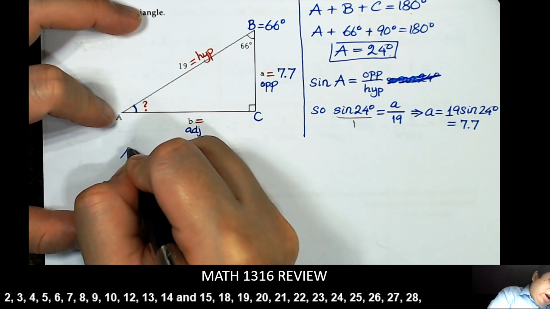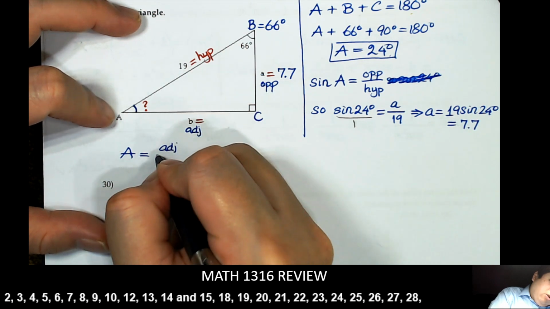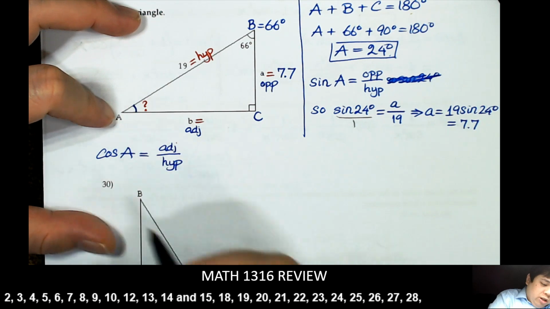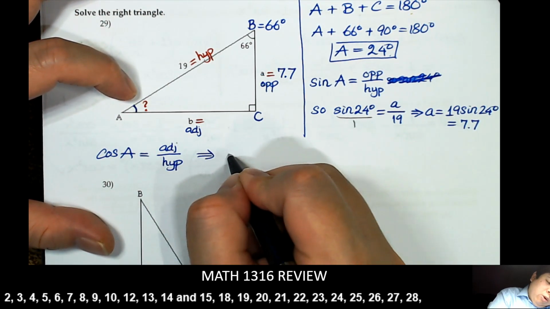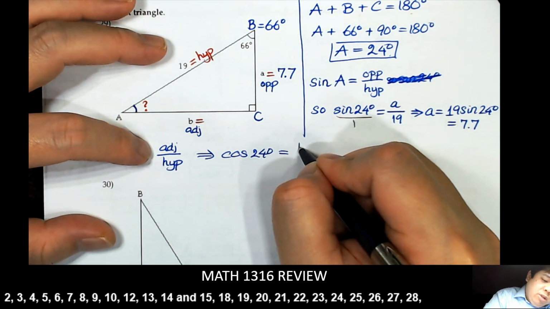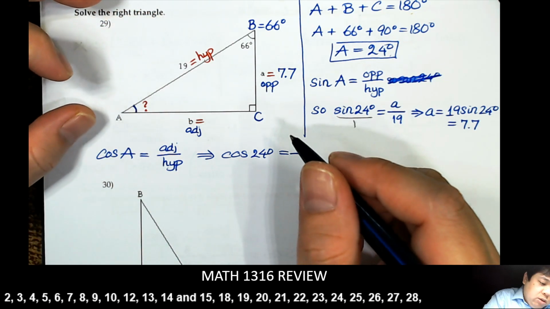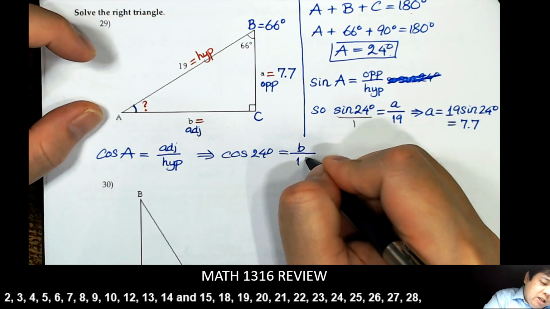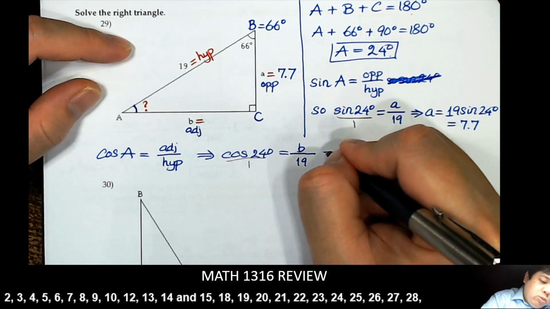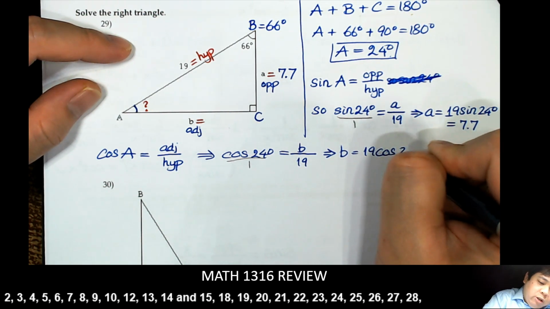So with respect to angle A here, how about adjacent over hypotenuse, which should be cosine. So we have cosine of 24 degrees equal to adjacent, which is b, over hypotenuse 19. Once again, write a fraction, cross multiply, b equal to 19 cosine of 24 degrees.